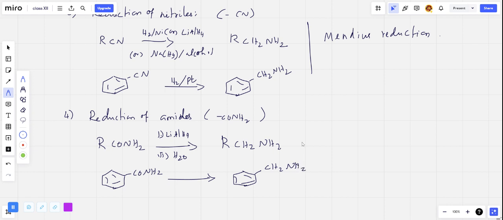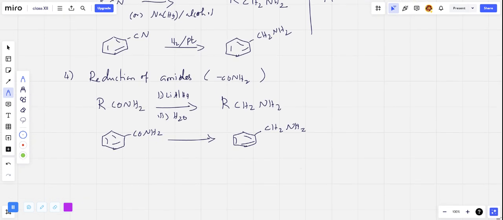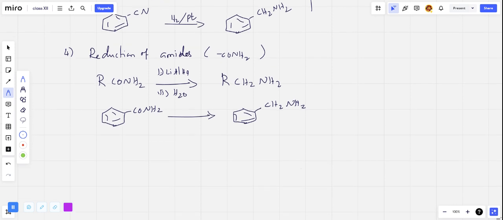So this is reduction of amides. Do you follow me now? Okay. So this is the fourth method. All easy methods only, reduction now. So the next two methods will be different ones.